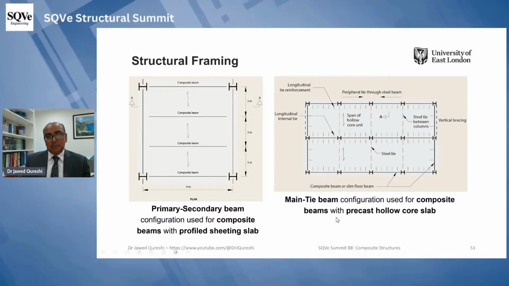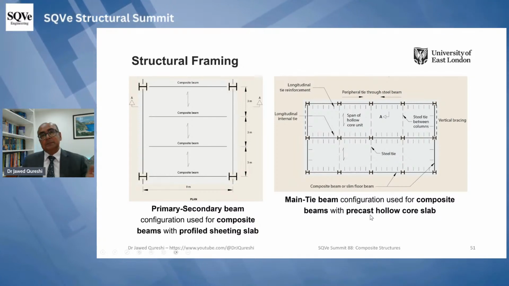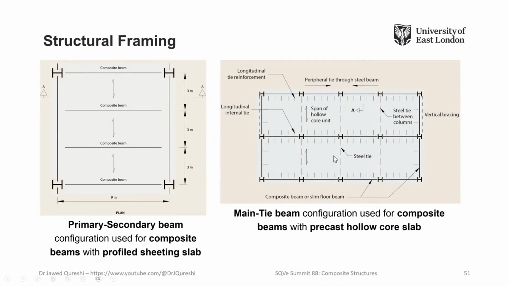Another configuration is composite beams with precast hollow core slabs. In this case, see that this is the span direction of the slab, and these beams which are in the horizontal direction, you design them as secondary beams, and these are considered as main beams.